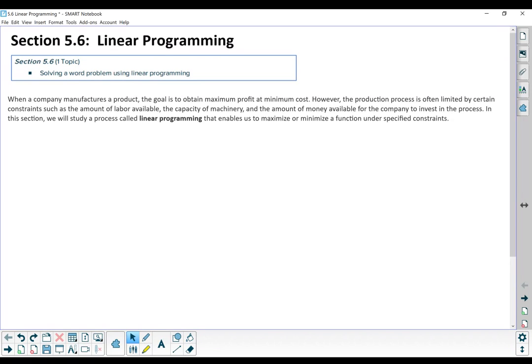Oftentimes production is limited by certain constraints, such as either the labor or the capacity of the machinery or the amount of money available to invest in the process, or sometimes just time is a constraint. So linear programming is a way of considering all those constraints and figuring out a way to maximize or minimize a function.